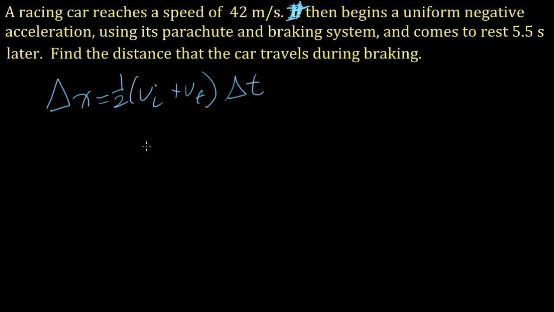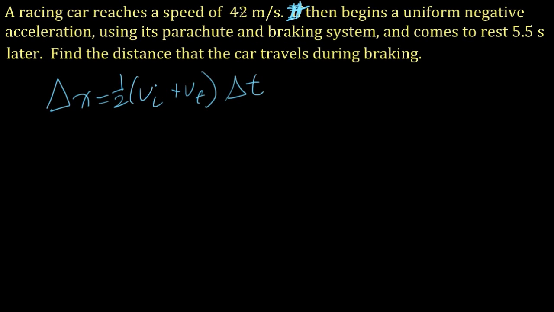Okay? So we need to figure out what we know already. Well, what are our knowns? I'm going to put the knowns in green. And we'll try to stick to that, just so you'll know what you're looking at. Well, I have a velocity. Is this an initial or a final velocity? Well, we're not sure. Is this at the beginning or at the end of the acceleration? Well, it says it slowed down.